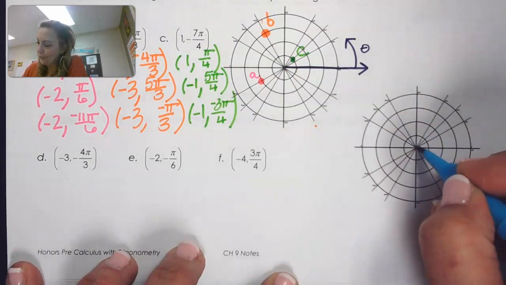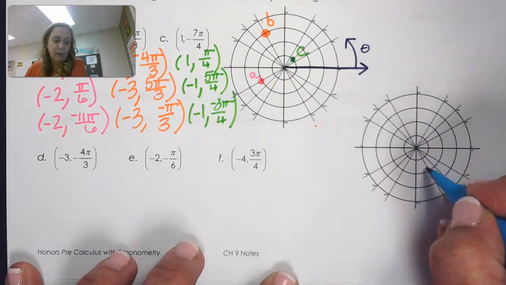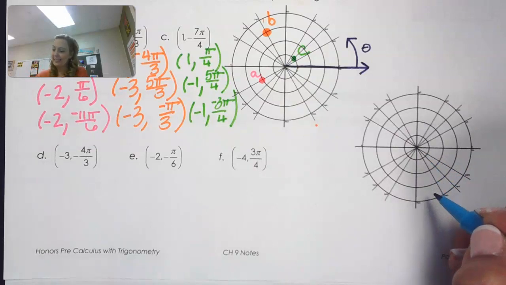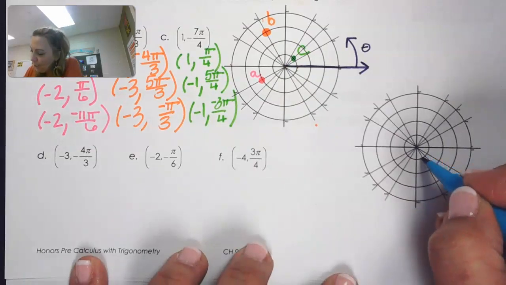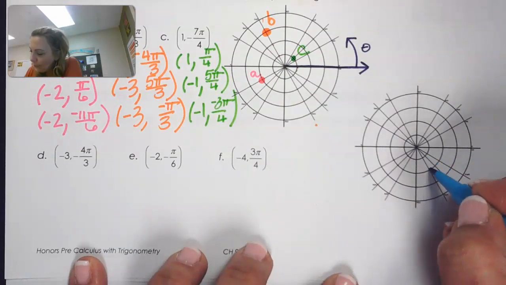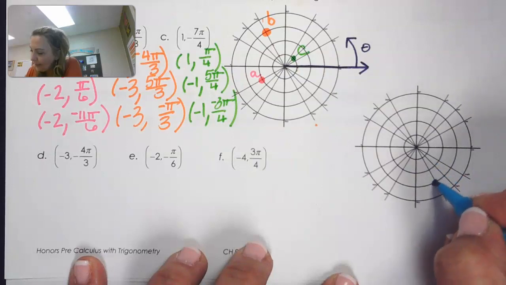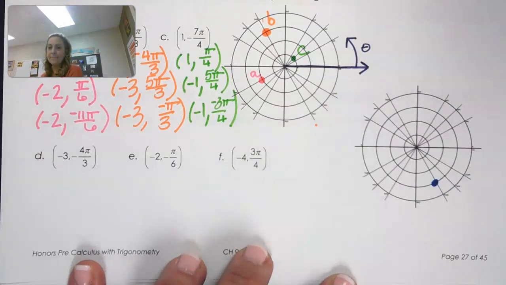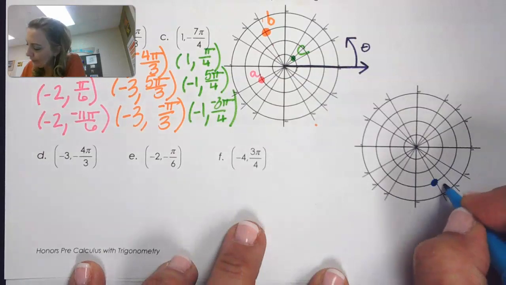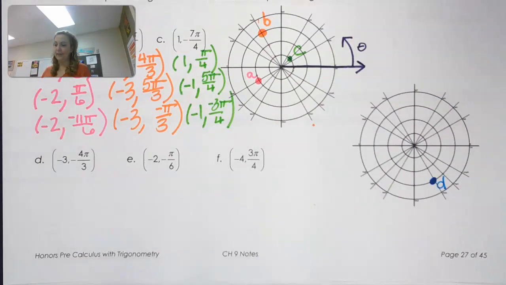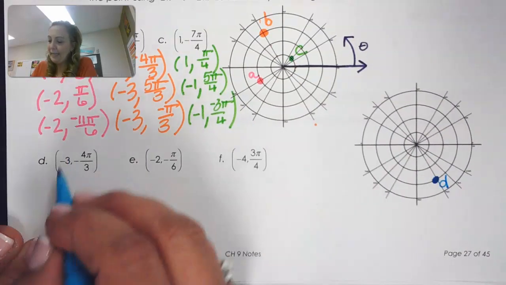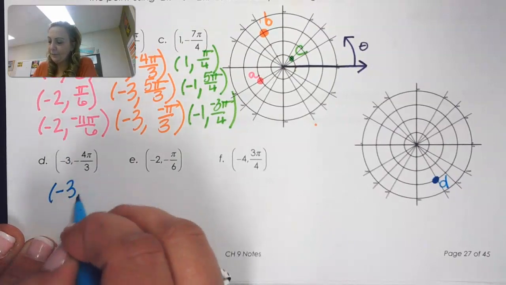But because I want to go in a negative direction, I'm going to go back this way instead. And so I'm going to have to go back 1, 2, 3 this way. Okay? And that's going to be where my point D is. Well, let me keep this negative. Okay.